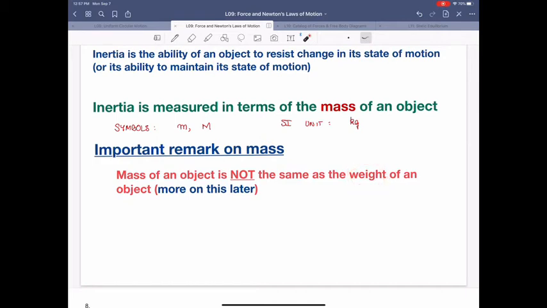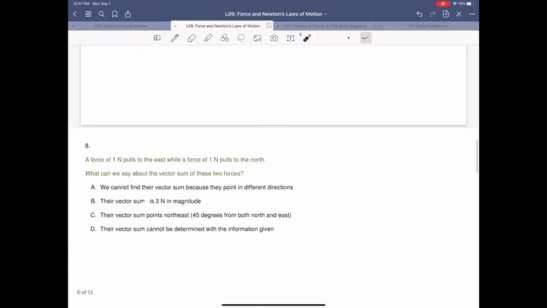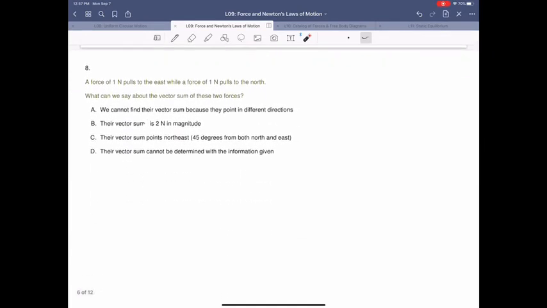So, completely different concepts. They are related, and we'll get to that later. But for now, just remember, you don't want to mix these two concepts, mass and weight. Keep them distinct. Okay, before we move on, let's look at a few questions here and let you read through this one.